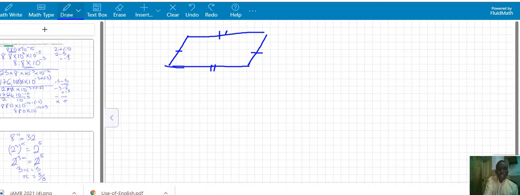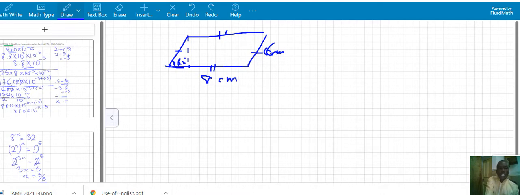If we take this as our angle, we'll take this as the height of the parallelogram. This angle will be 60 degree. This side will be 6 centimeter, because it's the smallest side, and this side will be 8 centimeter.